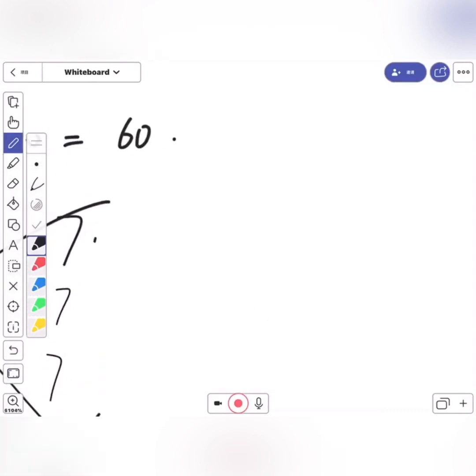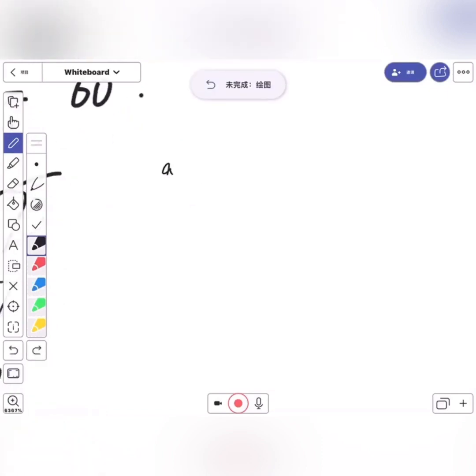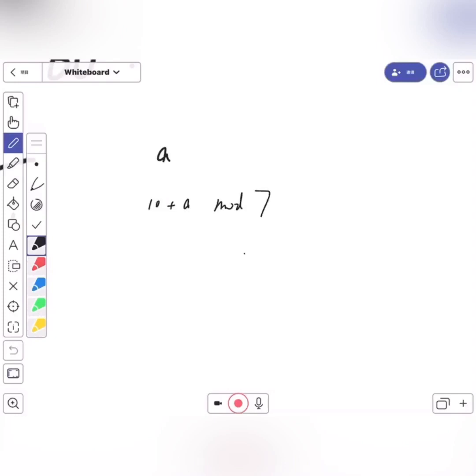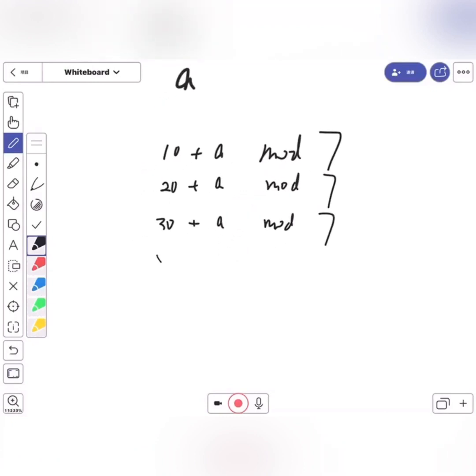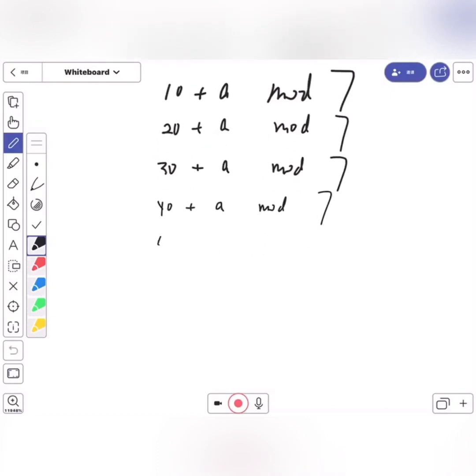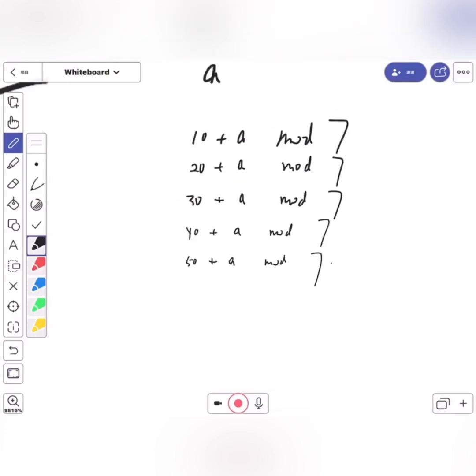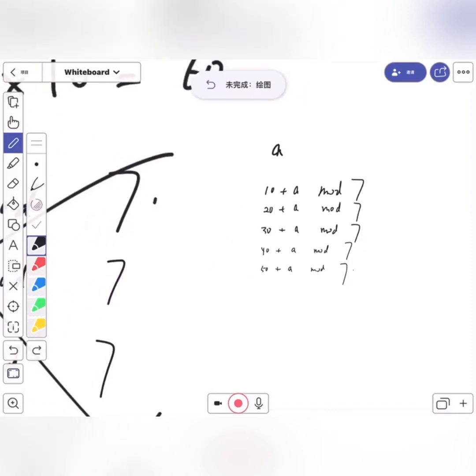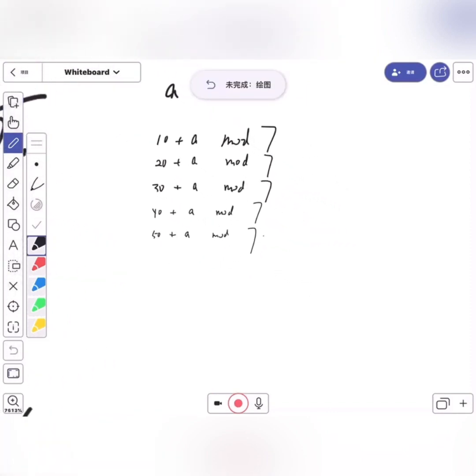So basically the generalized idea is that we want a such that all of these, 10 plus a mod 7, 20 plus a mod 7, 30 plus a mod 7, 40 plus a mod 7, 50 plus a mod 7, cannot be 0 mod 7.